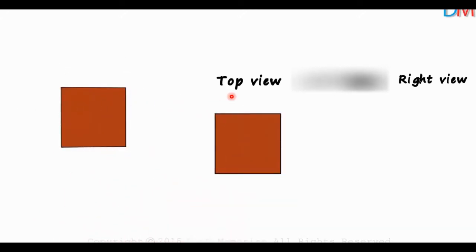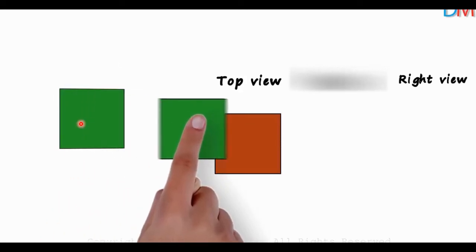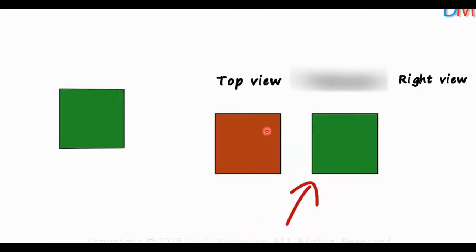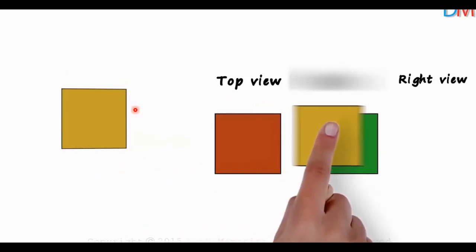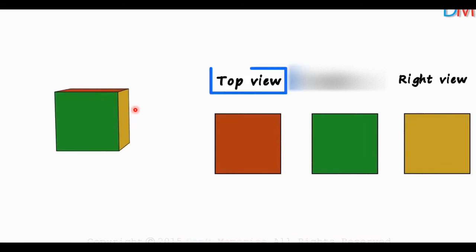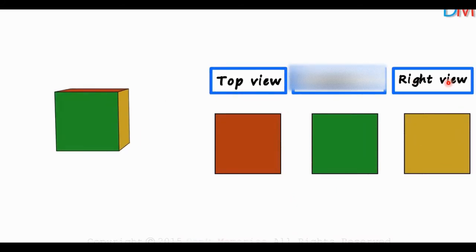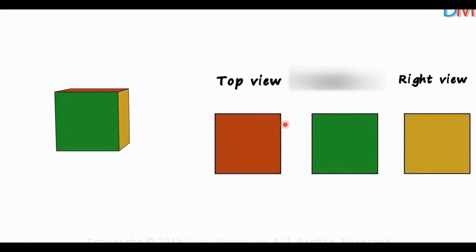Then the front view: if we look at this cube from the front side, this also looks like a square. Then the right view: when we look at this cube from the right side, we'll see a square. So the top view, front view and right view of the cube are all squares.